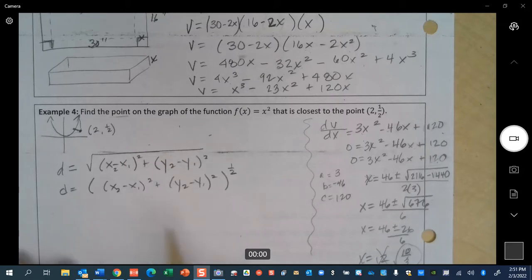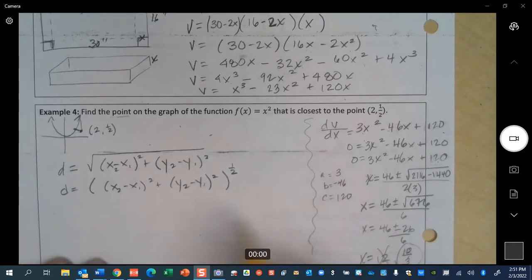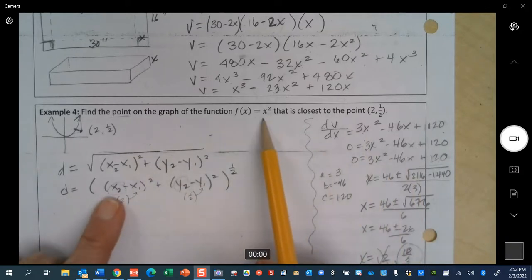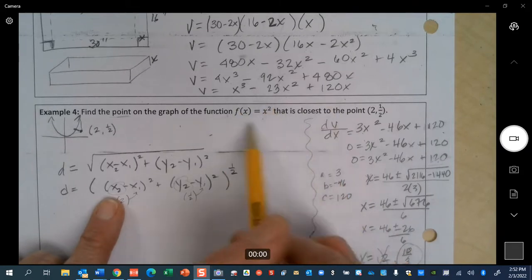We have too many x's and y's. Let's fill in what we know. This x we know is worth 2, and this y we know is worth 1/2. How do I know that? It's given. That still leaves me with an x and a y. Is there a way I can use this to express it? What is my equation?